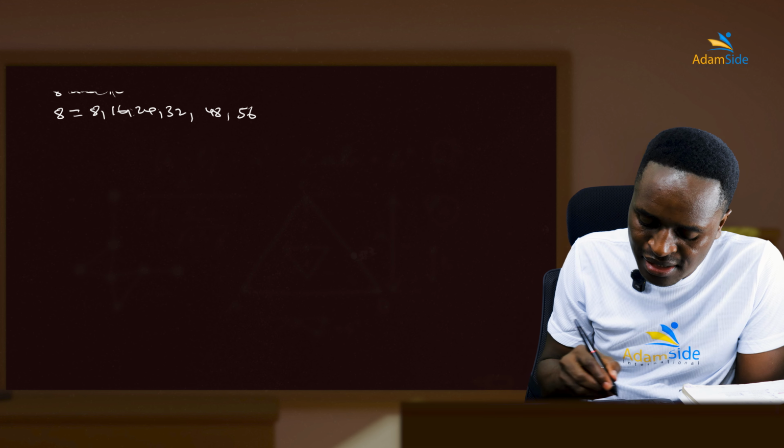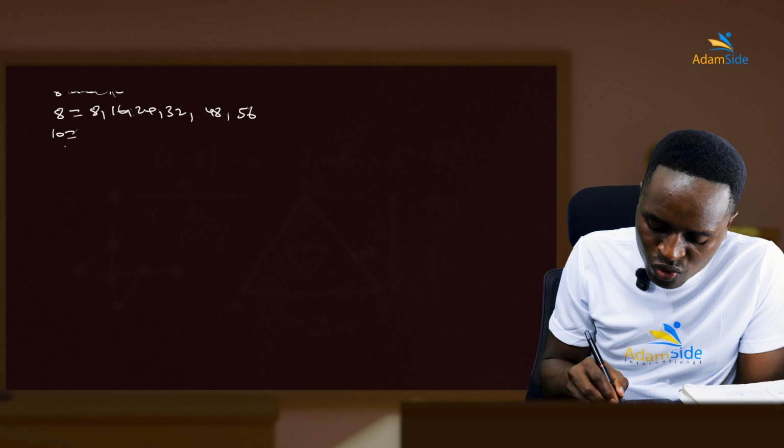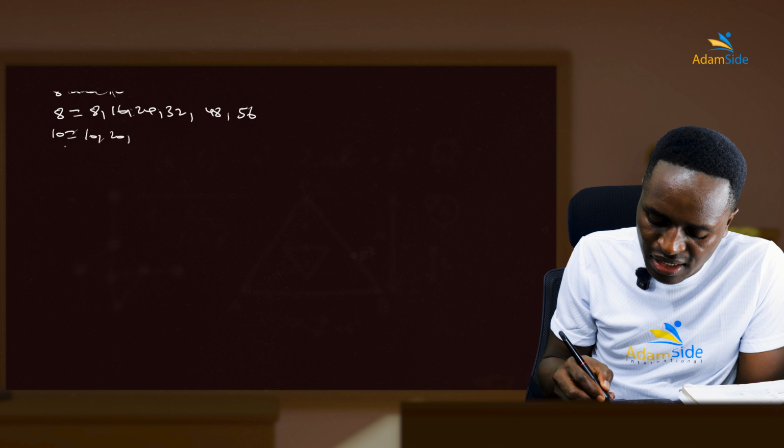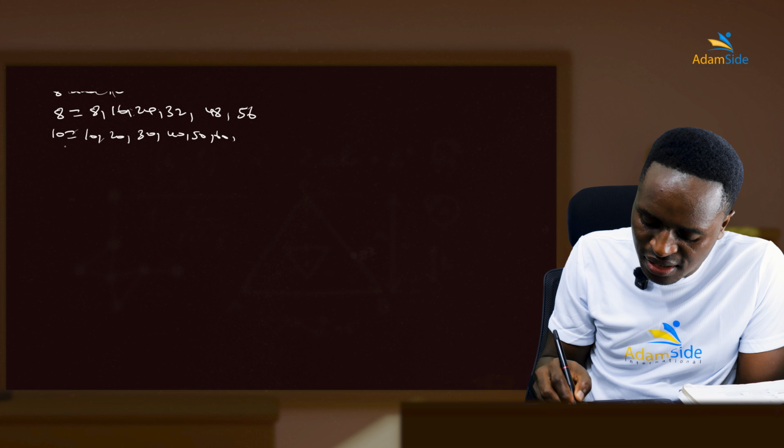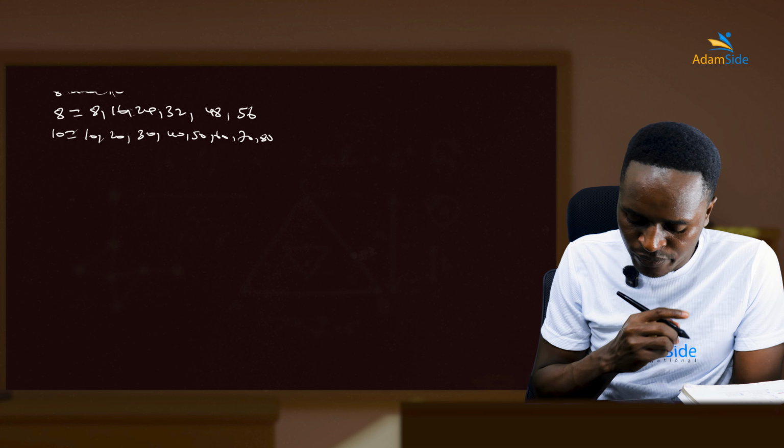Then start with 10. 10 times 1, 10. 10 times 2, 20. So we have 10, 20, 30, 40, 50, 60, 70, 80.